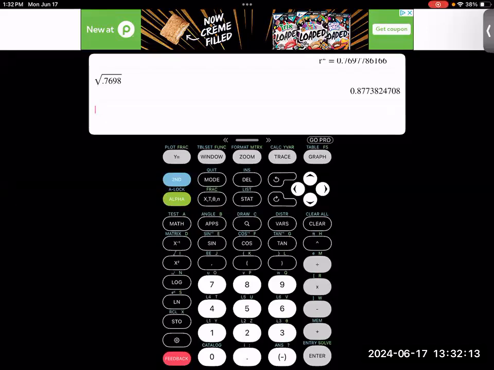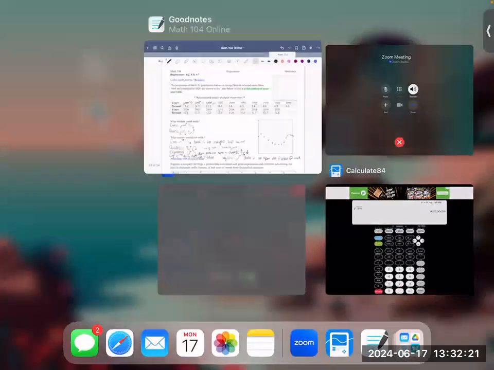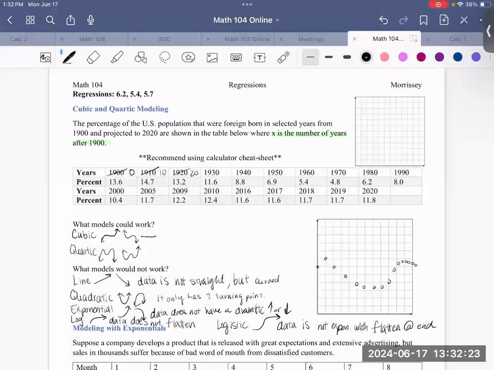The ones we have had before have definitely been well into the 9s. So cubic has a correlation coefficient of 0.8774. Is that what we said?